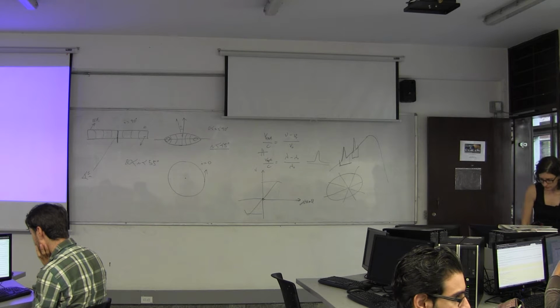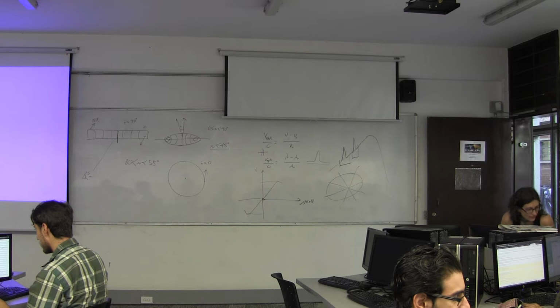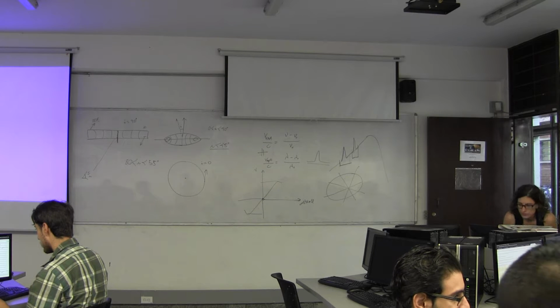Okay? And one final question. Yeah. Here they talk about angular resolution in mas. What is milliarcseconds? One arcsecond divided by 1,000. But wasn't this measured in radians?